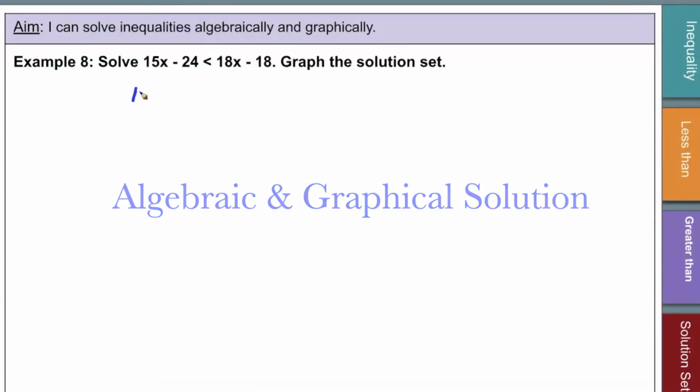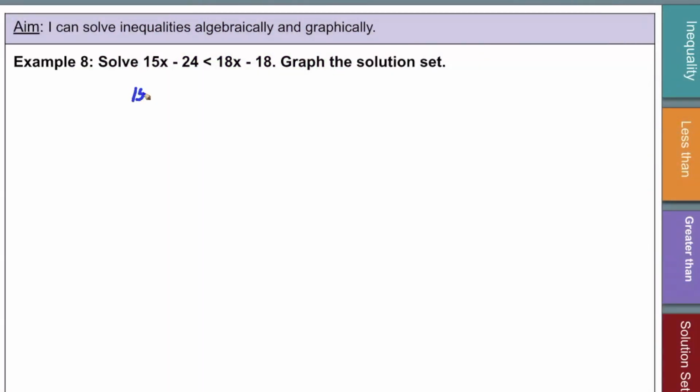Let's try to solve an inequality with variables on both sides. Example 8. Solve 15x minus 24 less than 18x minus 18 and graph the solution set. Let's start by subtracting 18x from both sides of the inequality.